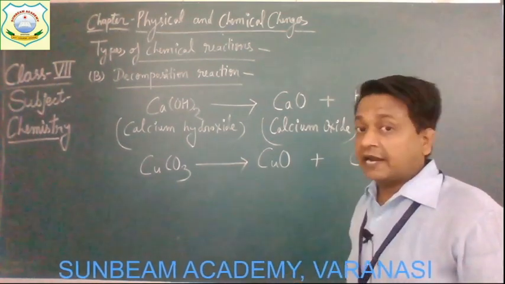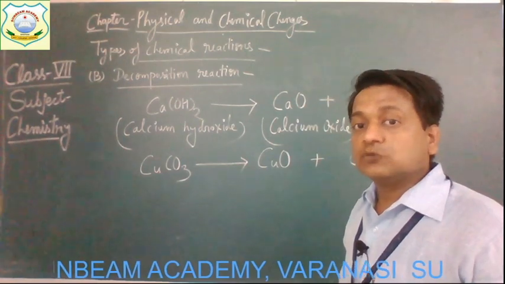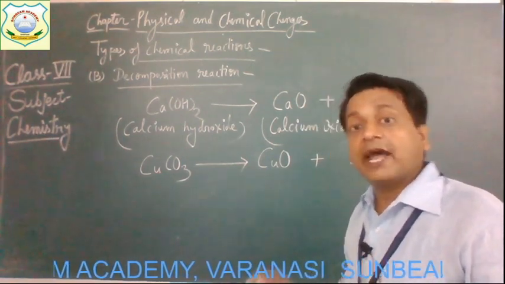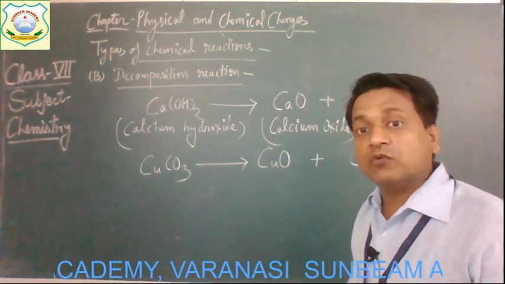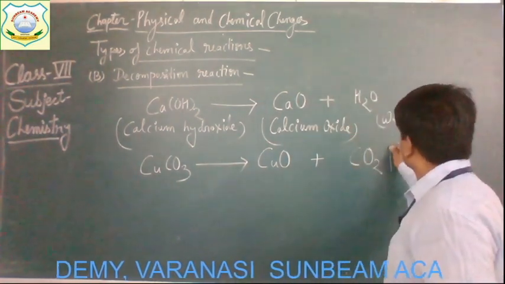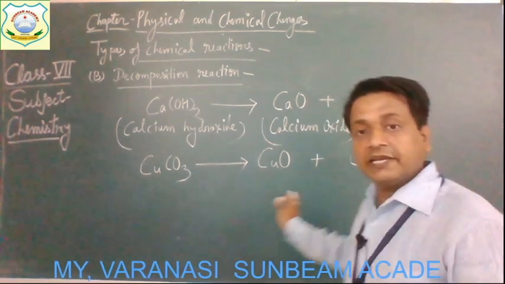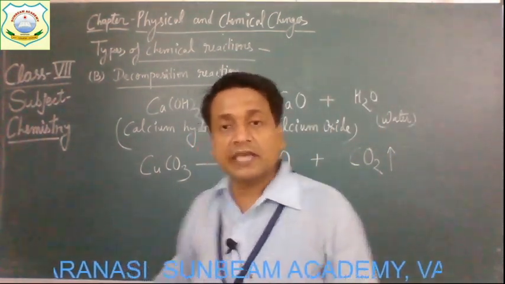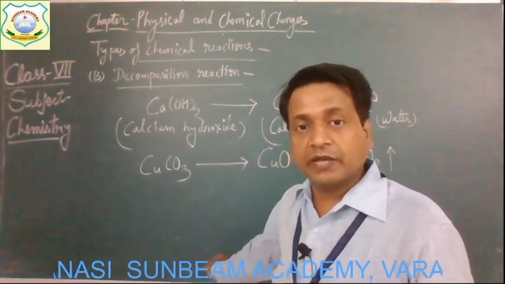Children, you remember that to show a gas, which sign do we have to use? We have to use an upward arrow. So this indicates that carbon dioxide gas is produced during this chemical reaction.